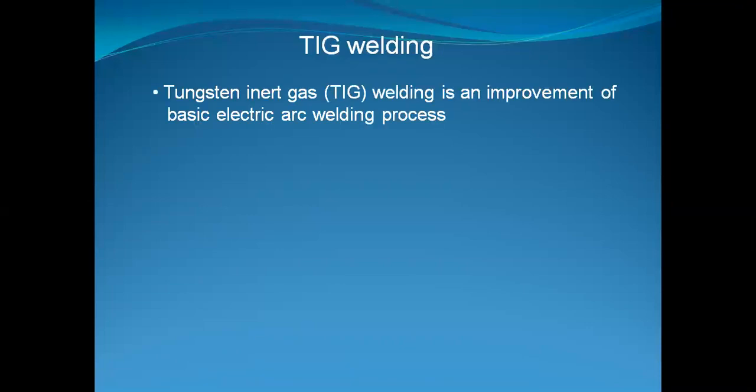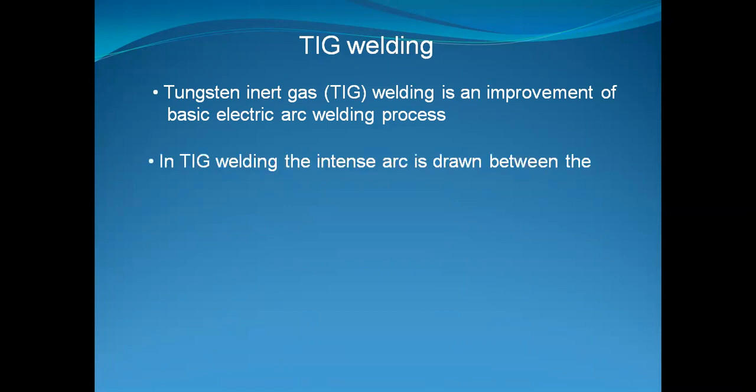Tungsten inert gas welding is an improvement of the basic electric arc welding process. We already know about the arc welding process. So here, tungsten inert gas welding is nothing but an improvement of the basic electric arc welding process.